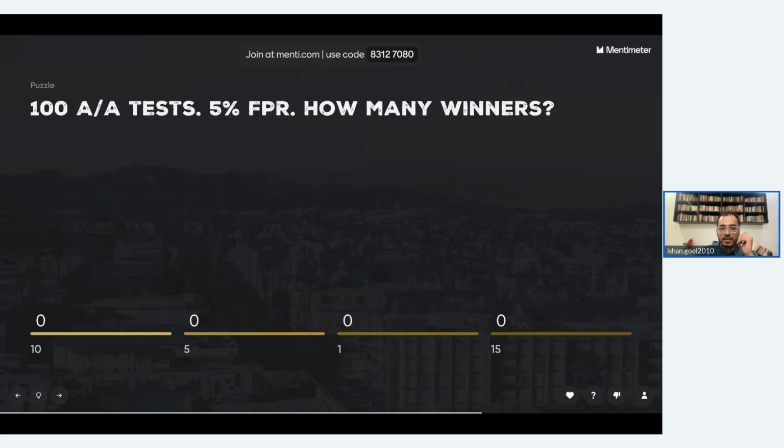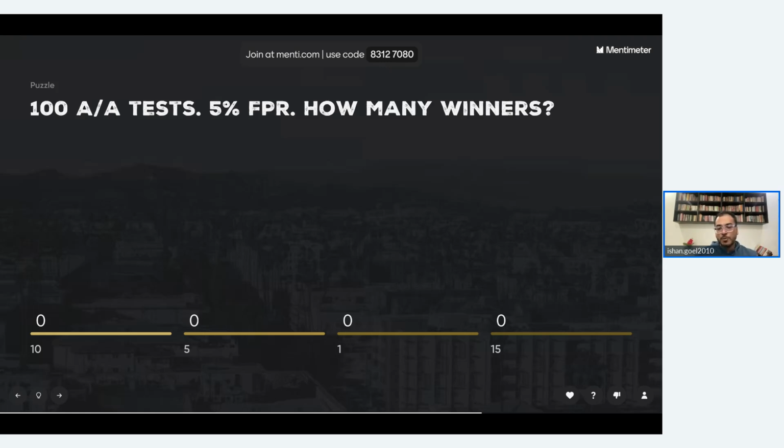The options are 10, 5, 1, or 15. Have I been able to explain it correctly? Should I give the answer, guys, or are you calculating?